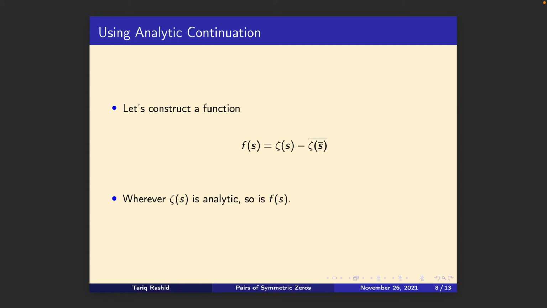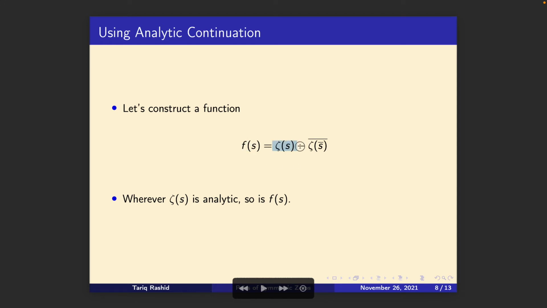So let's use this analytic continuation with our exploration of the zeros of this Riemann zeta function. You remember that property we had where zeta of s equals the complex conjugate of zeta of the complex conjugate of s. We're going to use that to create a function f.